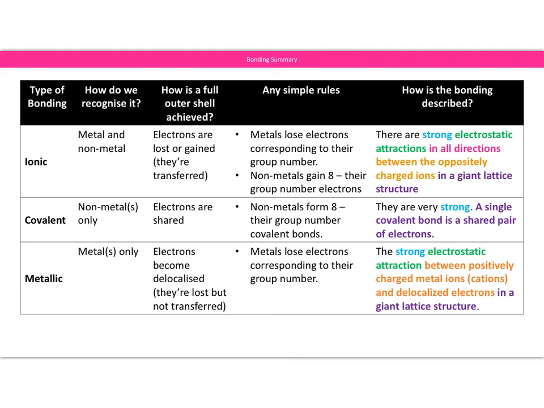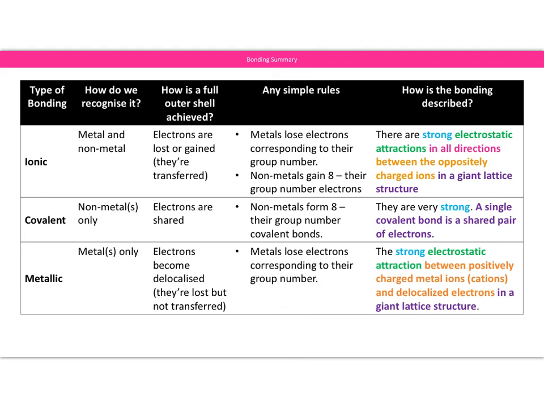So one of the things that we learned was that metals always lose electrons, and the number that they lose corresponds to their group number. So group 1 will lose 1 electron, group 2 will lose 2 electrons. And then non-metals gain electrons, and they're going to gain 8 minus their group number. So group 7 would gain 8 minus 7, they would gain 1 electron, and group 6 would gain 8 minus 6, which is 2 electrons.